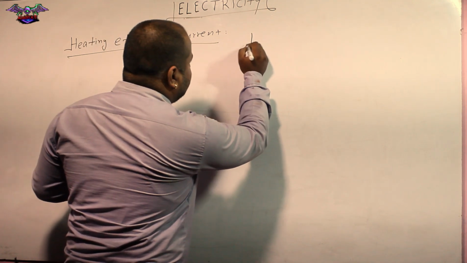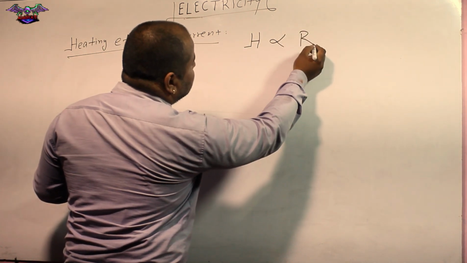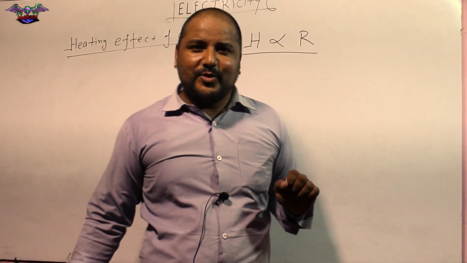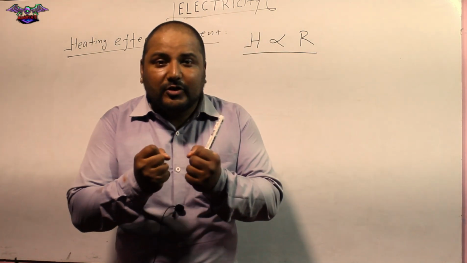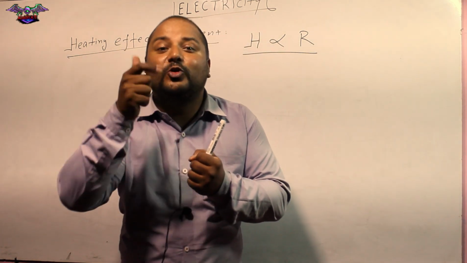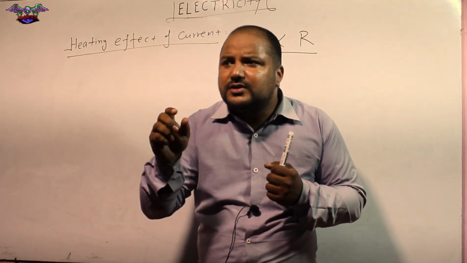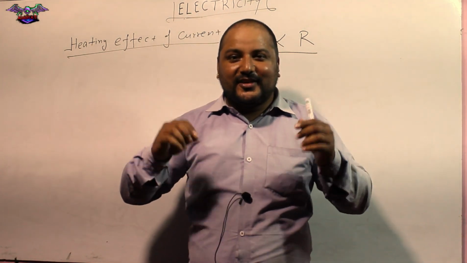Heating effect, you have to understand, is directly proportional to the resistance of the wire. We discussed the resistance. Resistance was to resist the flow of electrons. Who is resisting? The atoms, and collisions are happening.